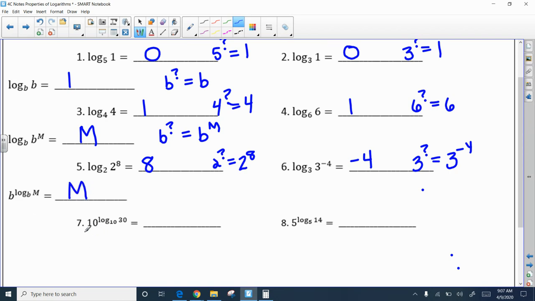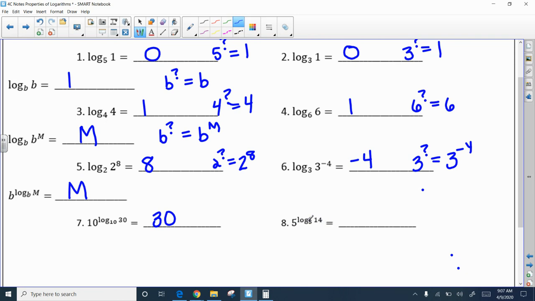So if we look at number 7, we have 10 to the log base 10 of 30 power. So the log base 10 of 30 is in the exponent. I have 10 as the base and log base 10 of 30 as the exponent. The 10 and the log base 10 are going to get rid of each other, and this is just going to equal 30. Same thing on number 8, 5 to the log base 5 of 14.